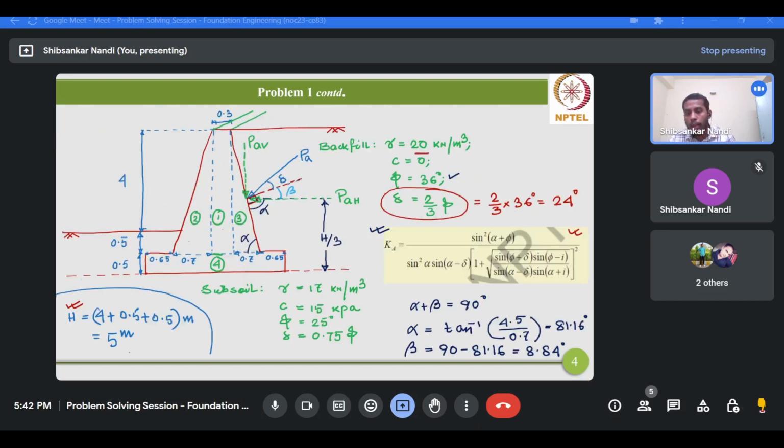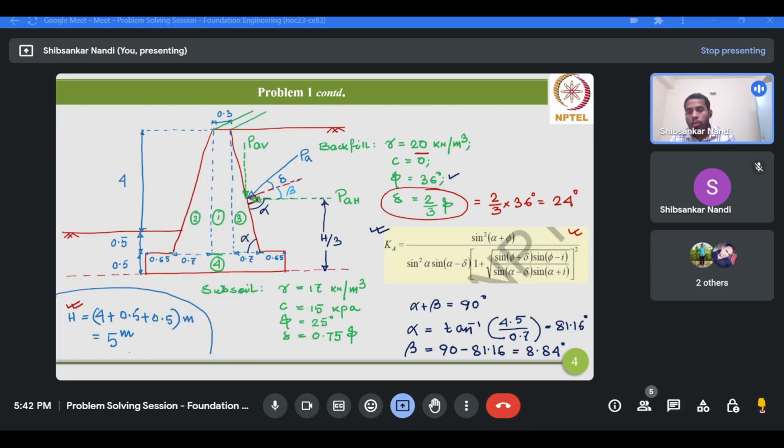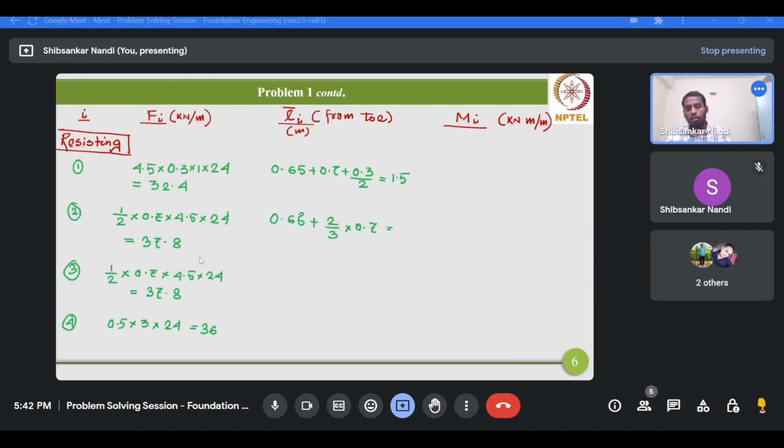This is the apex of triangle 2, so the CG will be at a distance of 2h by 3 from the apex, where h is your 0.7. Now from the toe it will be 0.65 plus 2 into 0.7 by 3. So therefore 1.12.